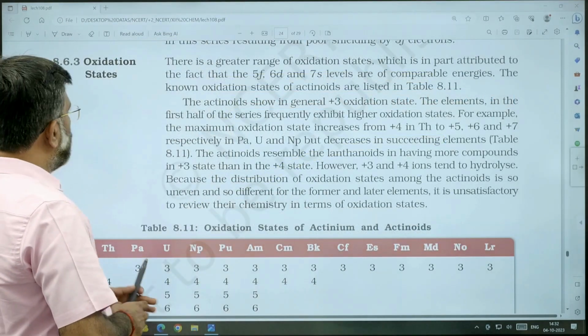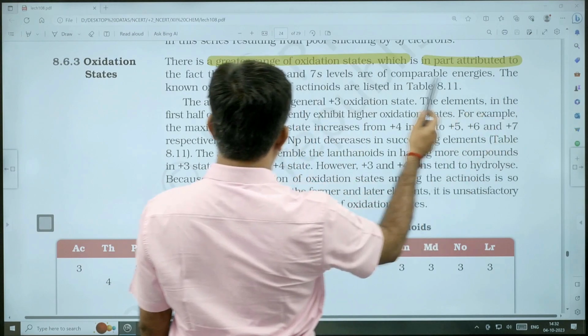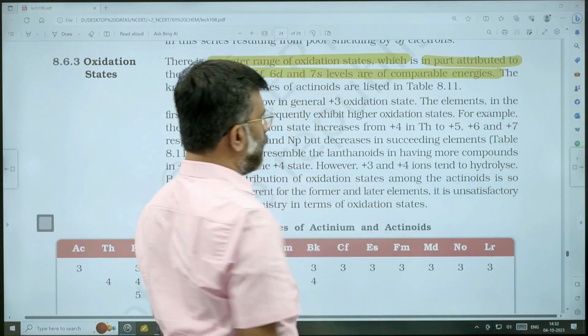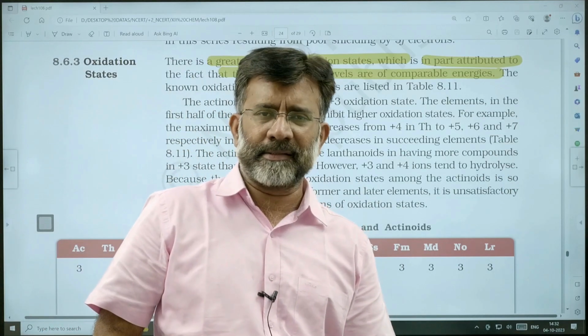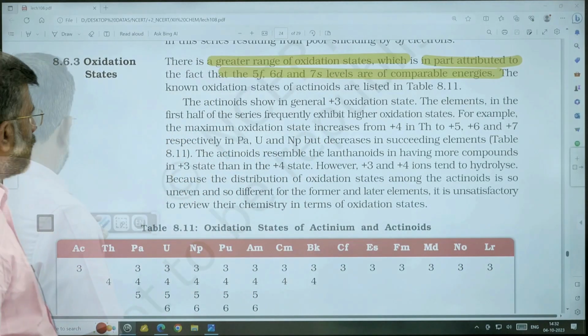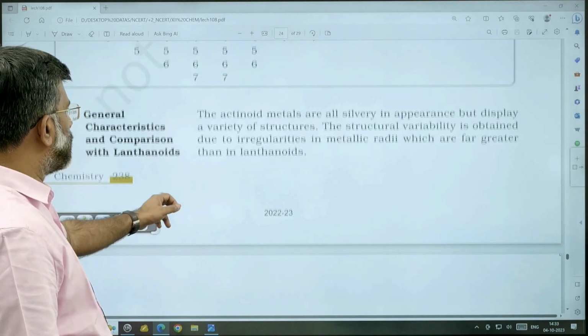There is a greater range of oxidation states, which is attributed to the 5f, 6d, 7s comparable energies. The comparable energies of orbitals are the reason for variability in oxidation state, but still not much important because much of the chemistry is not dealt.